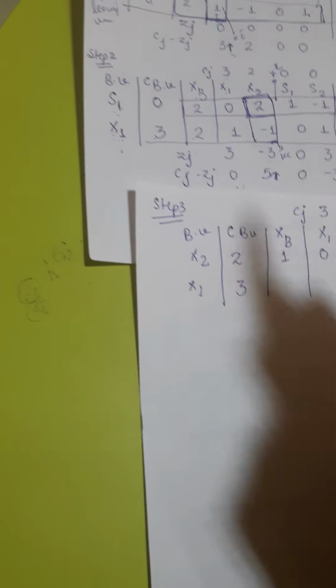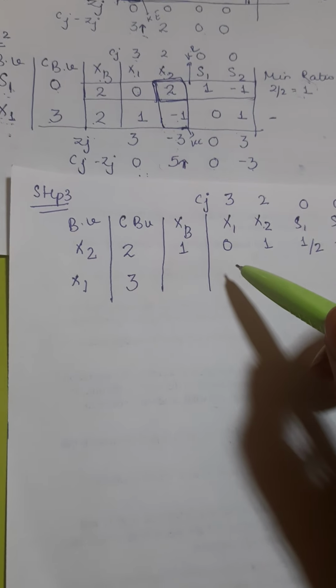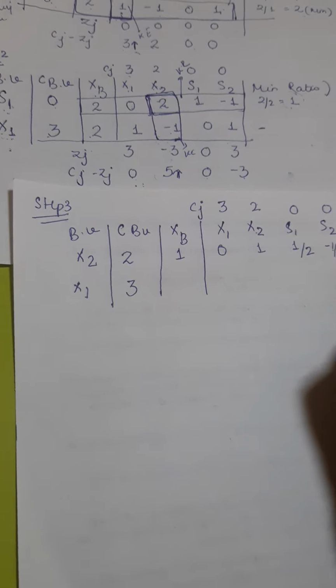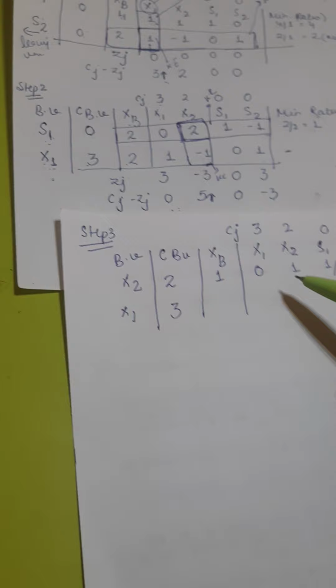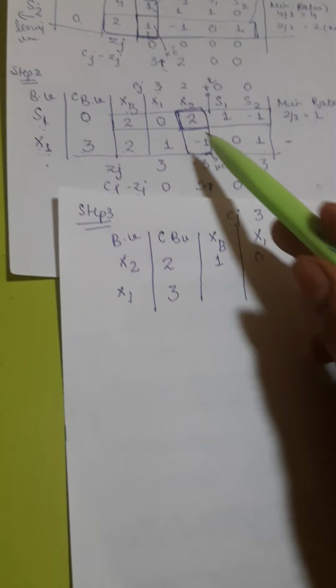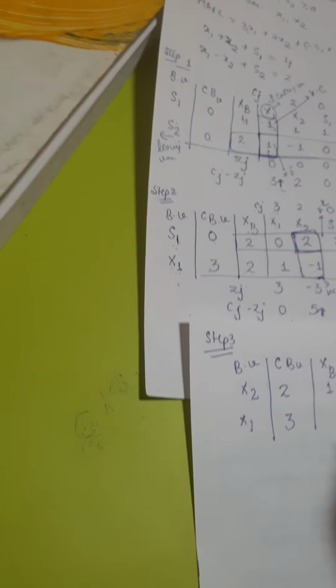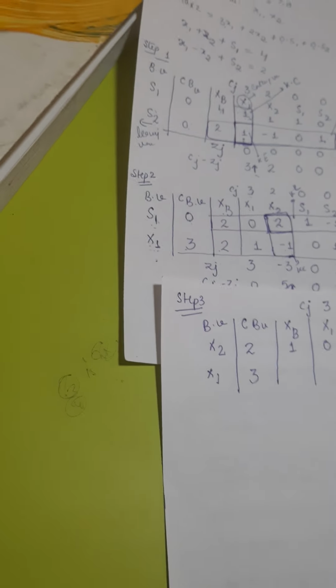Now to make it 0, can we add this particular row and this particular row? So 1 minus 1 should be equal to 0. Another method is you can do it like this, to make it rough. 0 1, sorry, 1 0 1 by 2 minus 1 by 2, and the other row is 2, 1, minus 1, 0 and 1.